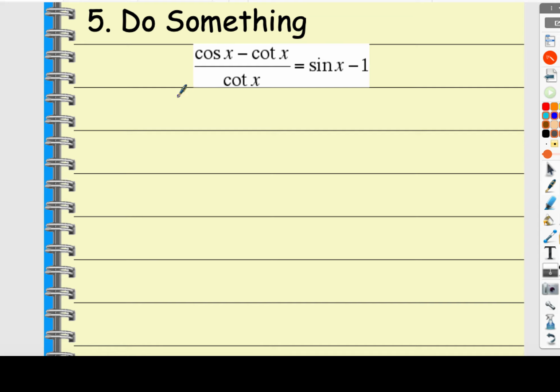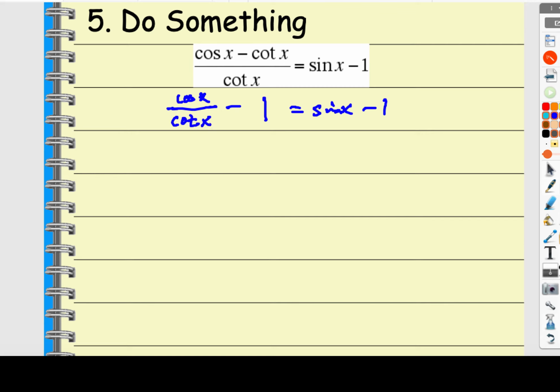So why not call this the cosine of x over the cotangent of x. Right? And cotangent divided by cotangent is really just 1. And notice how much closer we are to a final answer already. Right? Let's go ahead and write that so we can actually read it here real quick. Again, cosine on the top, cotangent on the bottom.